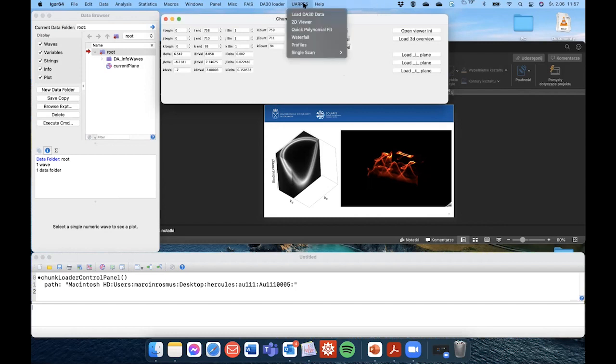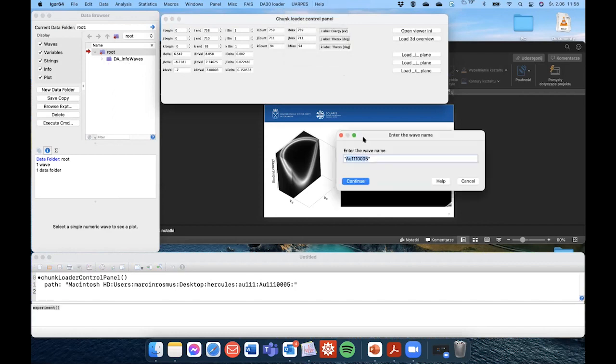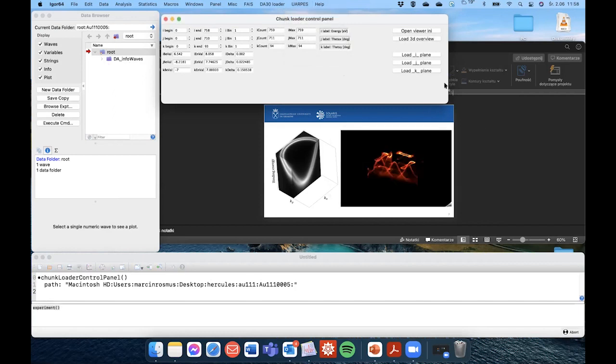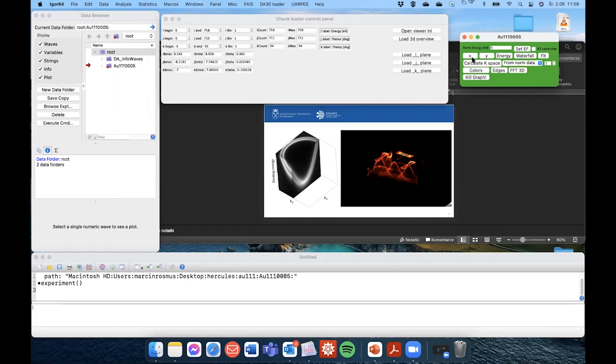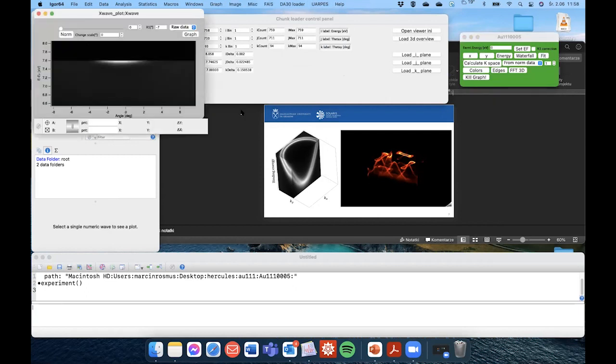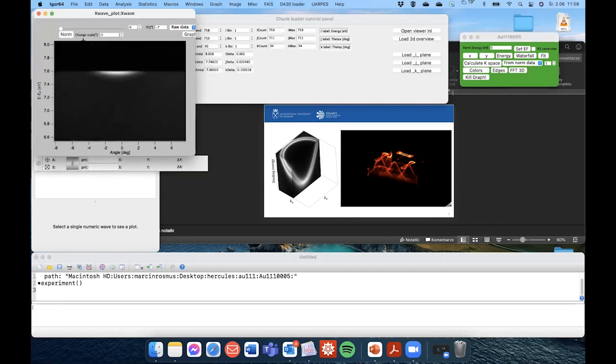Okay, it has been loaded, so we can open our ARPES procedure. And this is the procedure which is used to set the current cross section of this data.